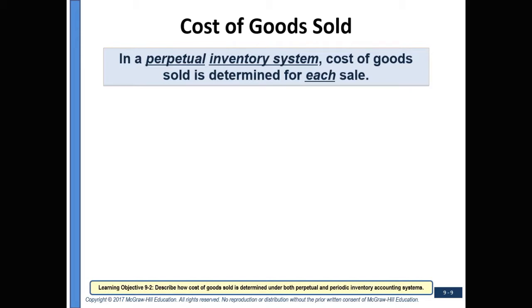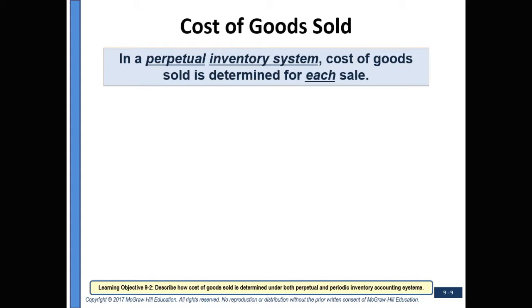So speaking of the different inventory systems, you should recall that there are two. There's the perpetual and then there's the periodic. In a perpetual inventory system, cost of goods sold is determined every time a sale is made. This has been enhanced with the use of technology over the years, barcode scanners and computers.